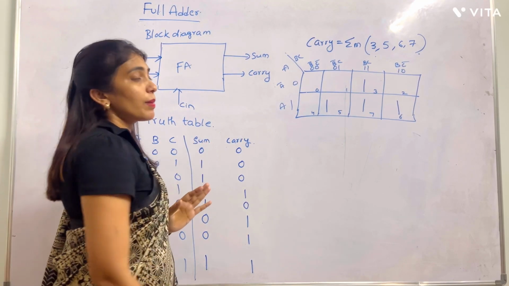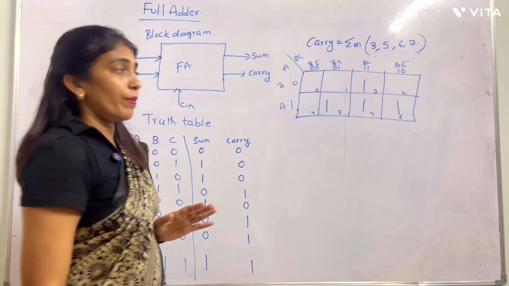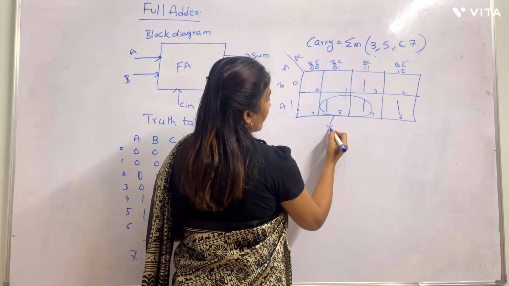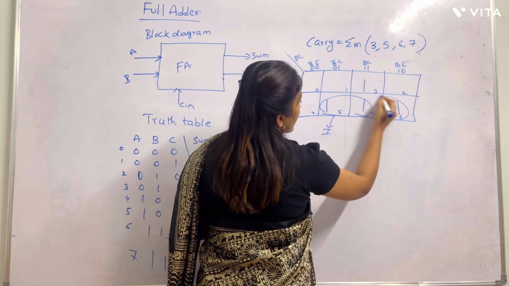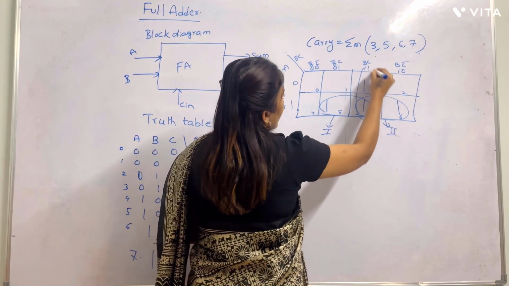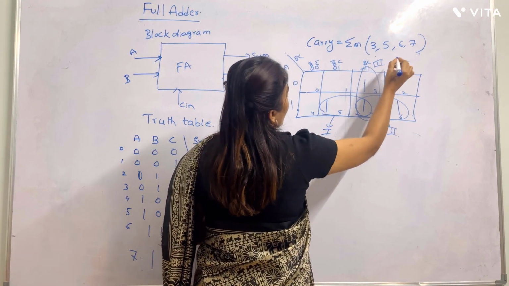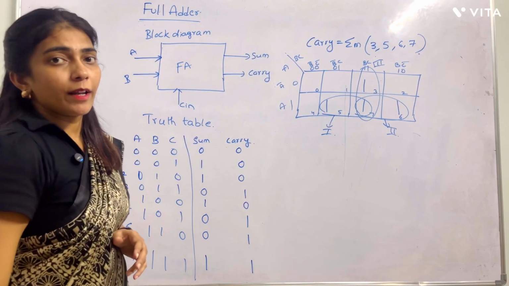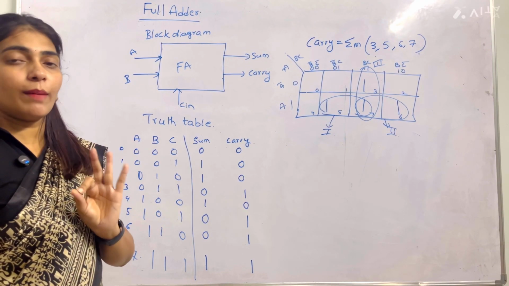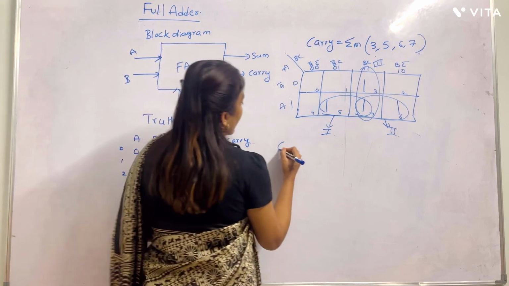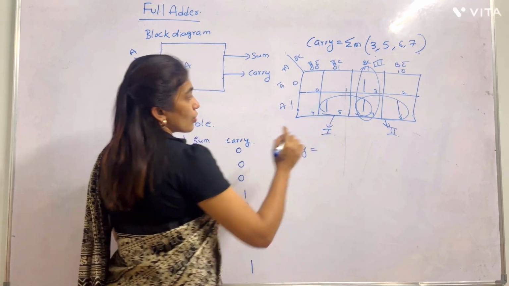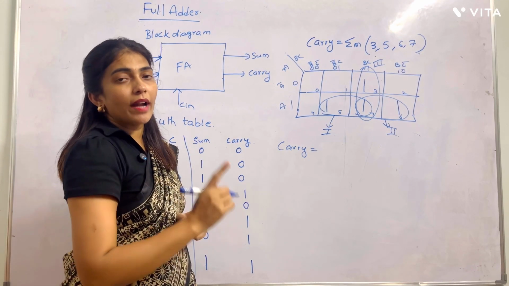Okay. So after keeping the min terms, go for grouping. Here 5, 7 is one group. 7, 6 is one more group. And 3, 7 is the third group. Right, so here we have three groups, so we get three product terms. Carry, you can write the answer directly. For the first group, you have to check the row and column.